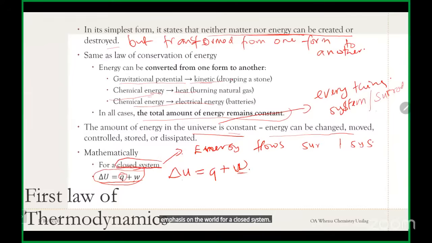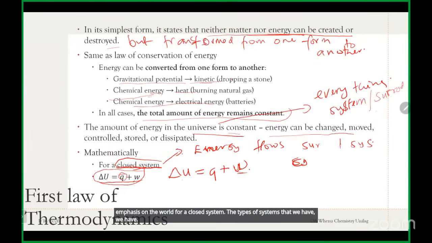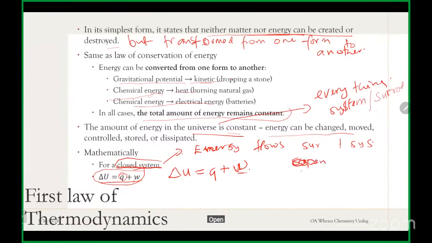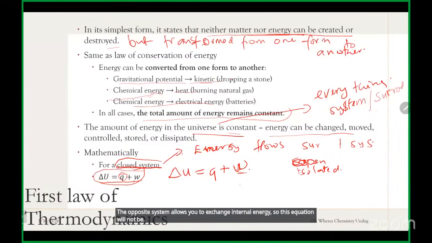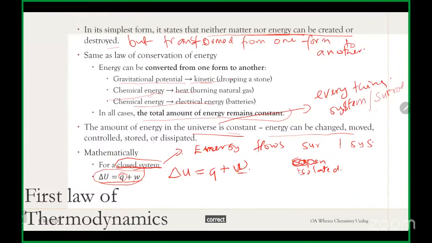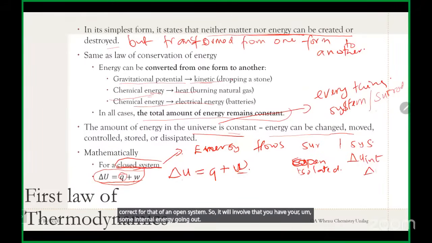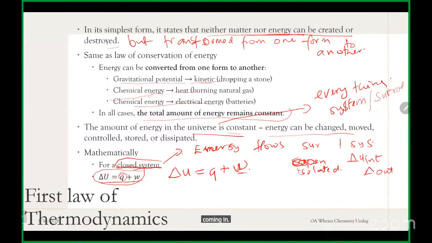The types of system we have are open, isolated, and closed. The open system allows you to exchange matter and energy, so this equation will not be correct for an open system, because some internal energy will be going out or coming into the system.